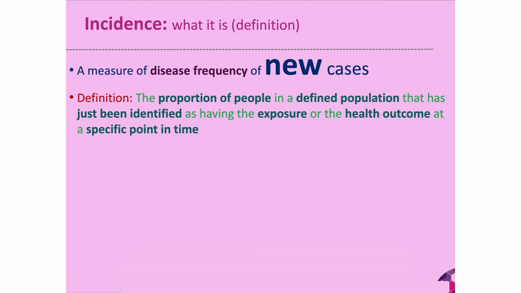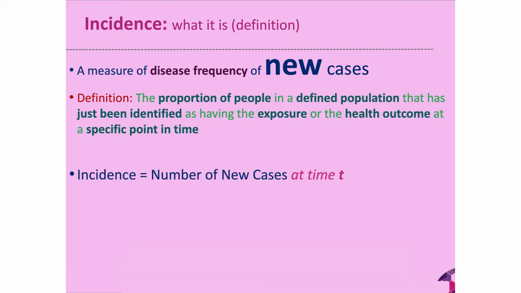So that's the difference between prevalence and incidence. Prevalence is about existing numbers of people with exposure or a health outcome, and incidence is about the number of new people with an exposure or a health outcome at a given point in time.